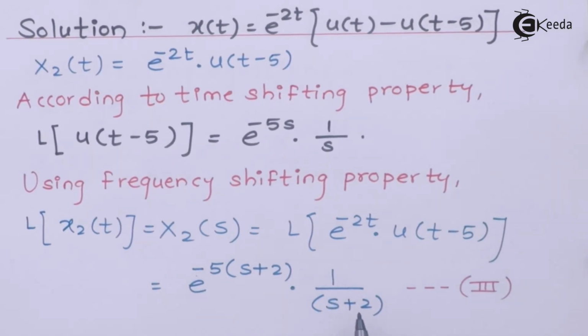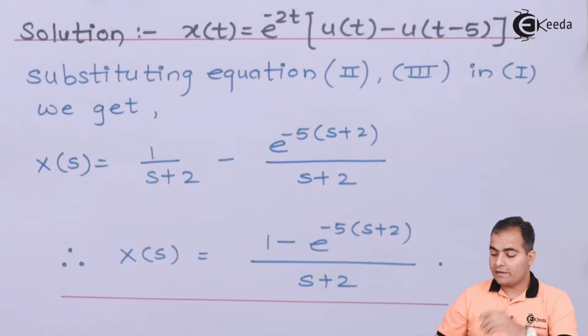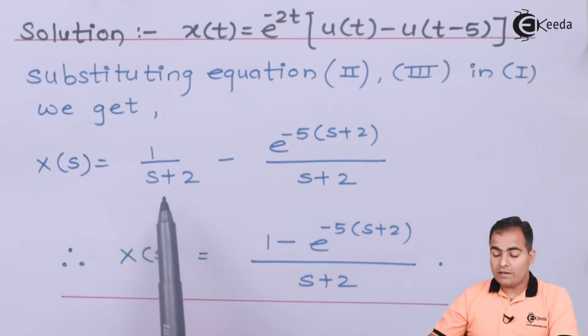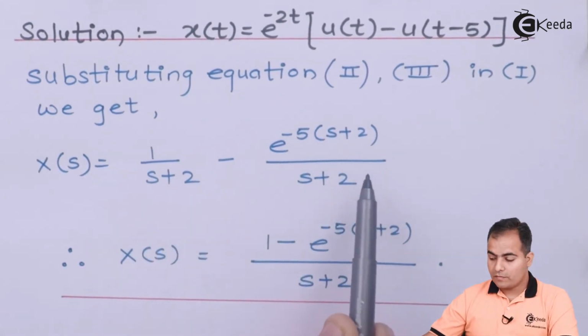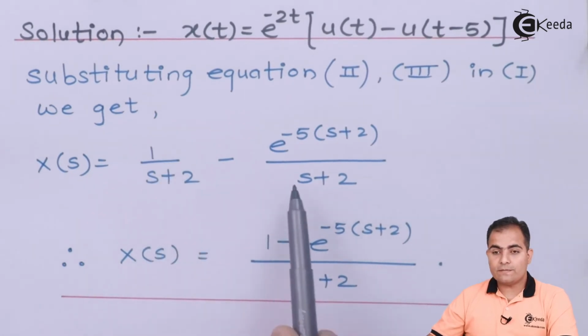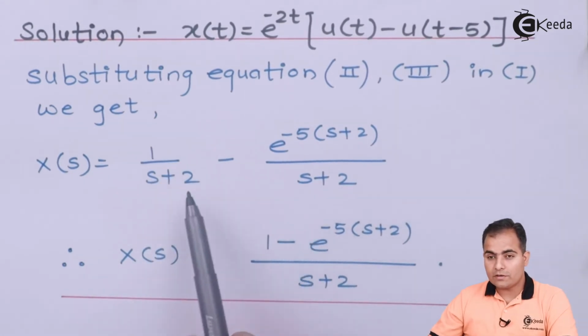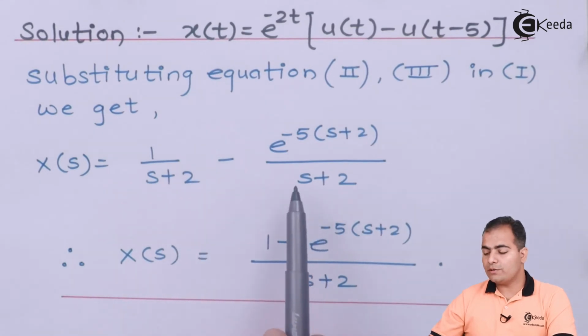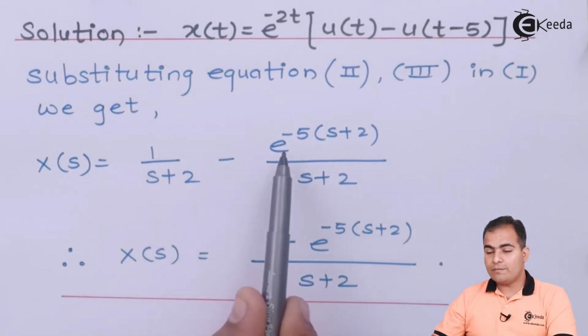Now I'll substitute the X2 of s equation and the X1 of s equation in equation number 1. After substituting, this is the part of x1 of t and this is the part of x2 of t. Here in both parts, s plus 2 is common, or you can say the denominator is common, and if the denominator is common, then you can use a by c minus b by c.